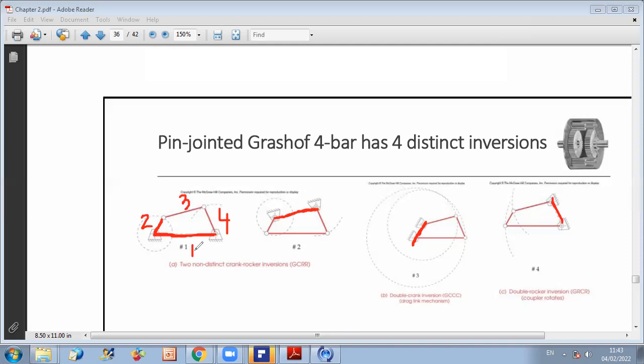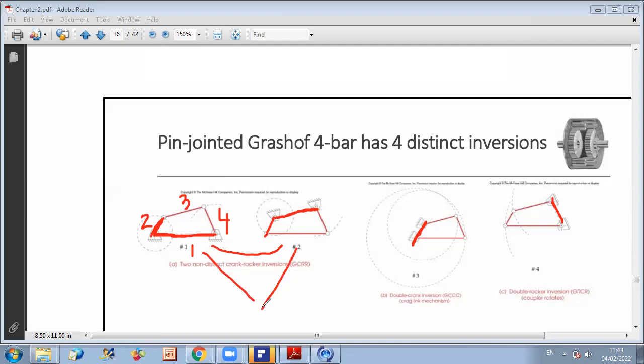Yani this will create a variation, because here, for example, if we compare these two cases, in this case I have, let's say, the shortest link linked to the ground. Also here the shortest link is linked to the ground. This is why I expect that the output motion will be similar for these two cases.